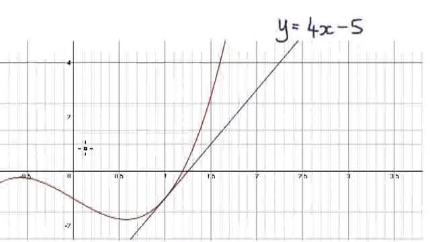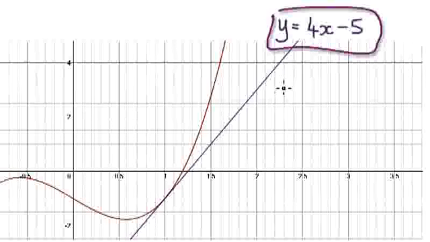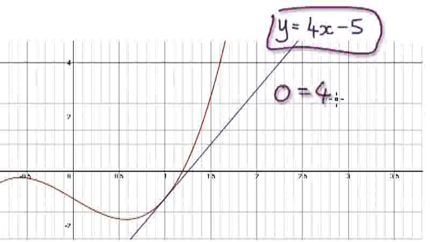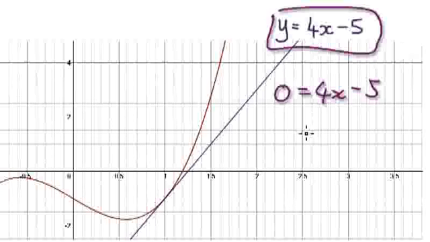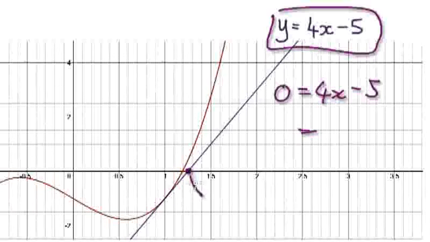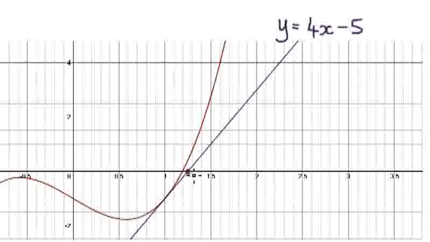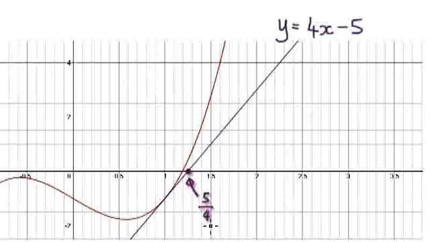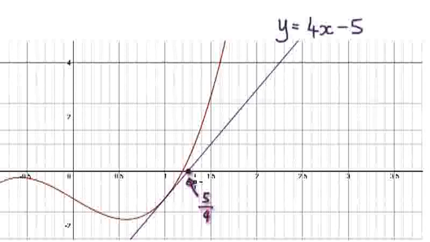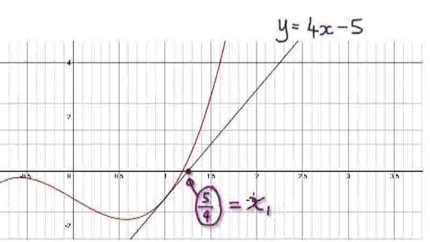Once you've got your equation, set y to be 0 here. Basically you want to find out this point here, and this point is 5 over 4. In the next video we're going to start from here. The next step is to use this as your second guess, so this will be your x1.